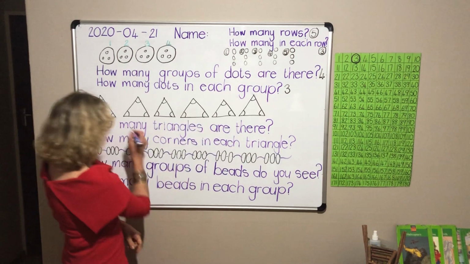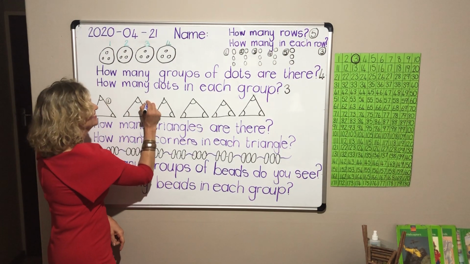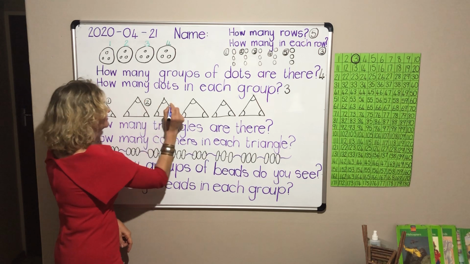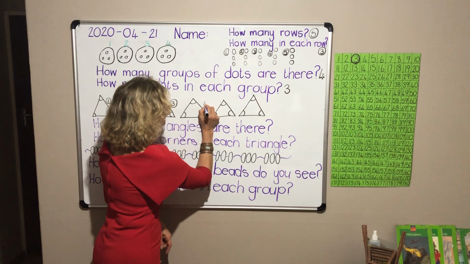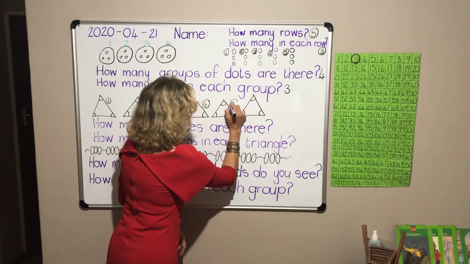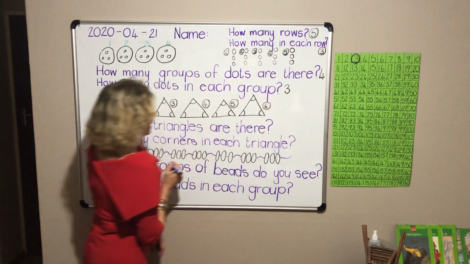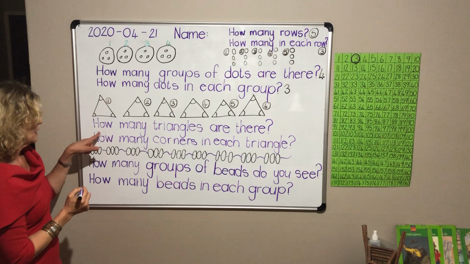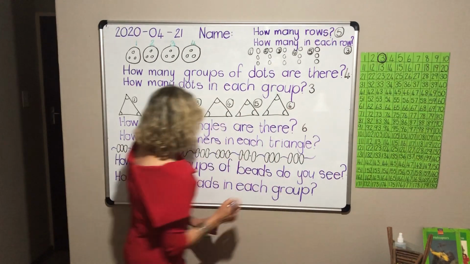We have, let's go, 1, 2, 3, 4, 5, 6 triangles. And so let's write the 6 there.